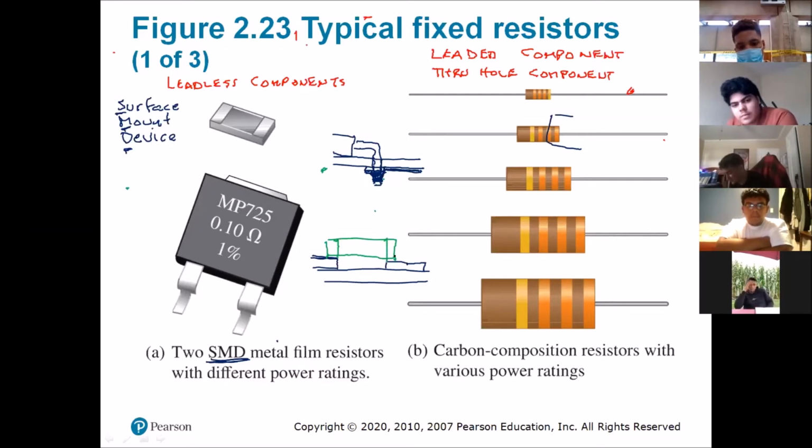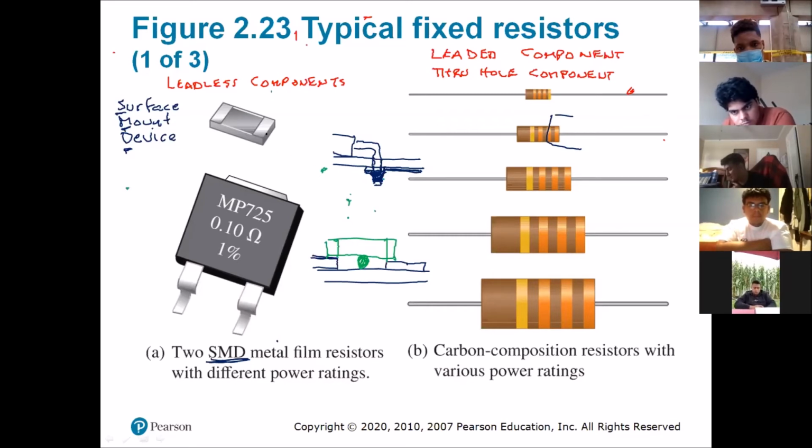Now, a lot of times this is all done by machines these days. It's called a pick and place machine. What they'll do is put a dot of basically crazy glue down here. The component will be pressed down onto the crazy glue, and that holds it in place when it's getting ready to be soldered.